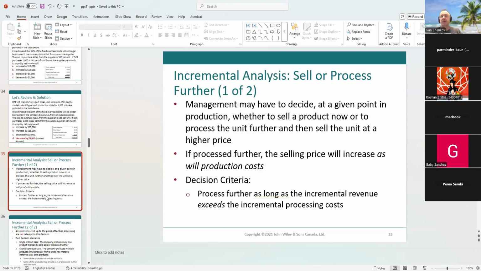At some point, you have to decide, if we have a product that I can further process it and make it something else, is it more profitable to sell it as it is, or should I process it further, increase the sales price, and sell it?